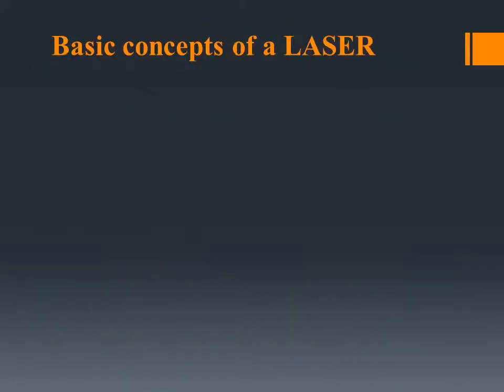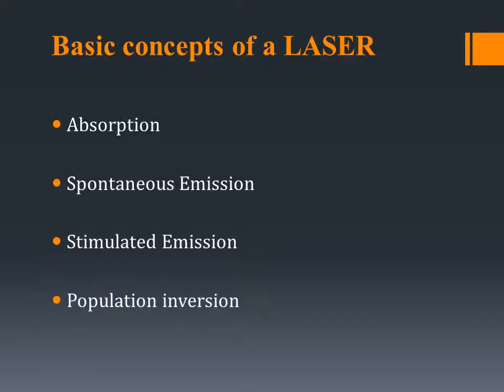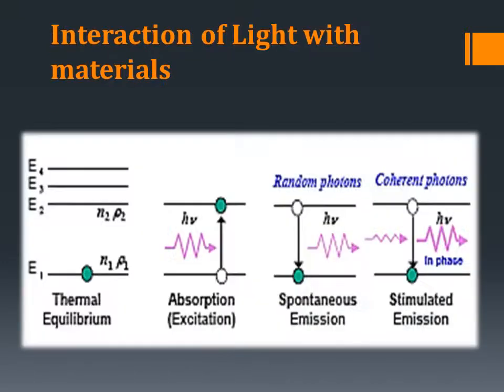The basic concepts which are involved in the formation of a laser beam are absorption, spontaneous emission, stimulated emission, and population inversion. When light falls on a material, there is an interaction of the photons in the light with the atoms in the material, giving rise to three different phenomena called absorption, spontaneous emission, and stimulated emission.